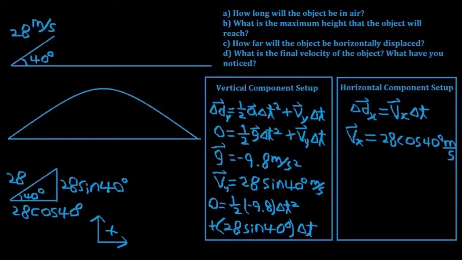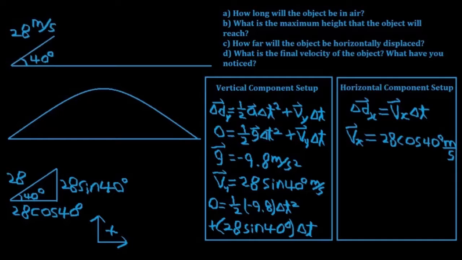We have the vertical component set up, and then you have to have the horizontal component set up. In the vertical component, gravity plays a factor, so we're gonna have an equation that involves the acceleration, the time and the velocity.